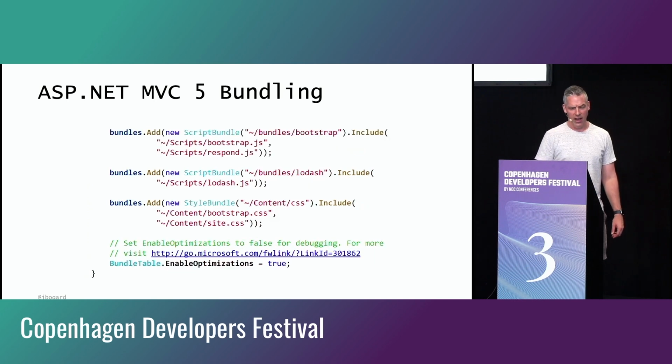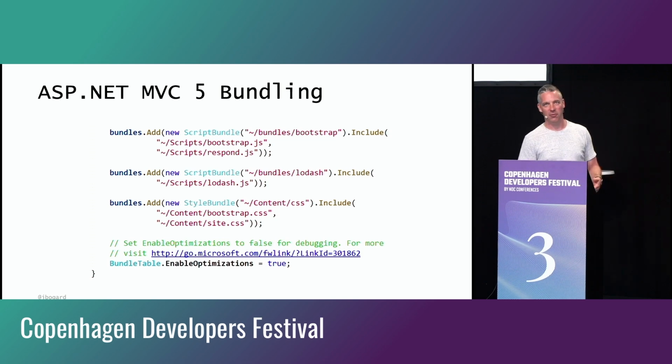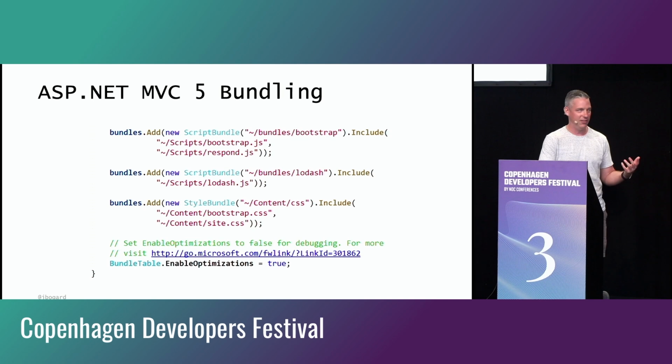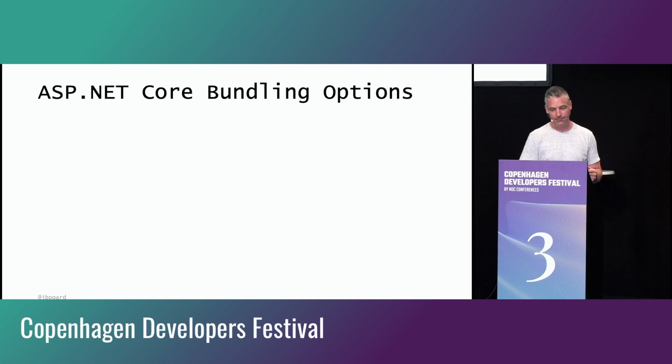But bundling is not a feature in ASP.NET Core, and as far as I can tell, will never be a feature. So what do we do? We need this feature. We don't want to go back to the dark days, and we also didn't necessarily want to re-implement everything. So we looked at our options.